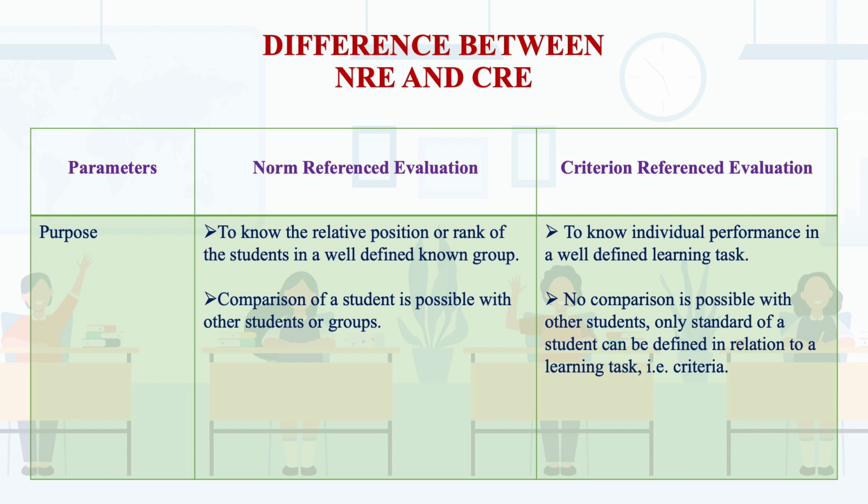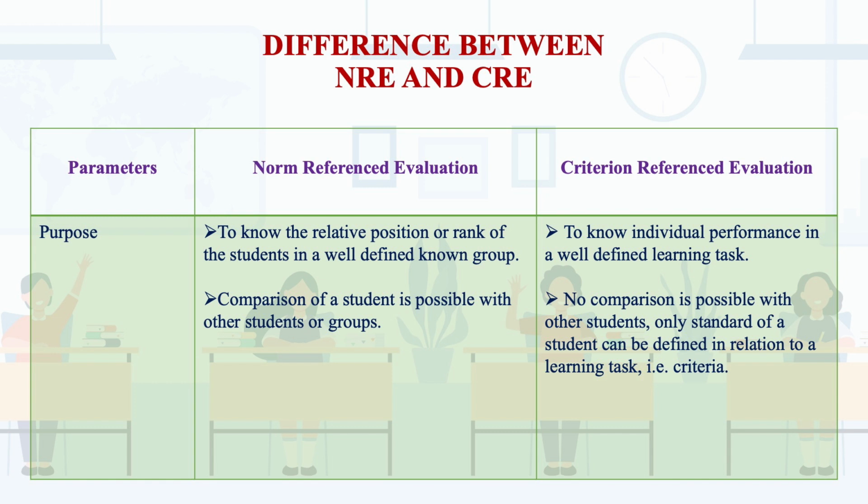Earlier we have discussed this in the concept. And further, in norm referenced evaluation, comparison of a student with other students is possible, but here comparison of students with other students is not possible, but you can describe, you can explain one's performance in a well-defined learning task.